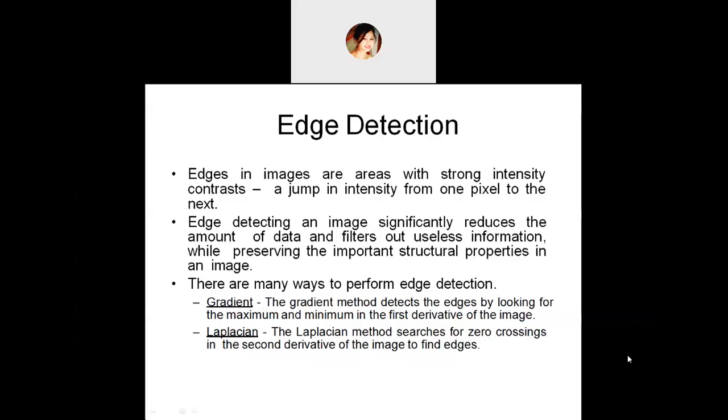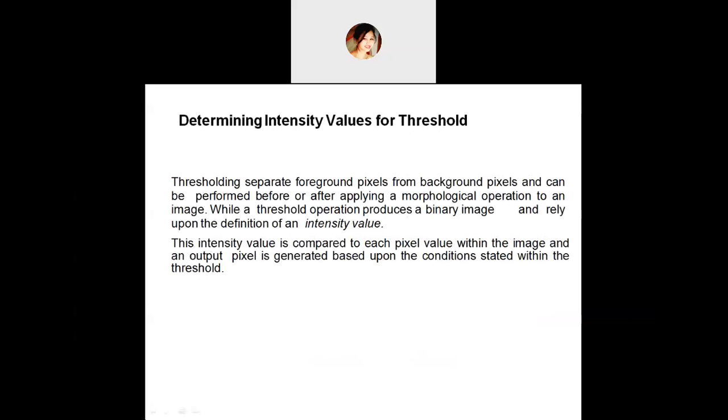Don't go for the definition as of now, because we'll calculate gradient and Laplacian in our coming slides. We have many ways to perform edge detection, of which we use mainly two types, gradient and Laplacian. Just remember these two terms. Gradient means the slope.